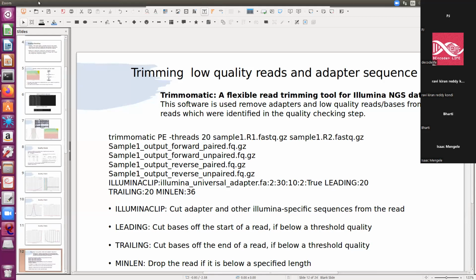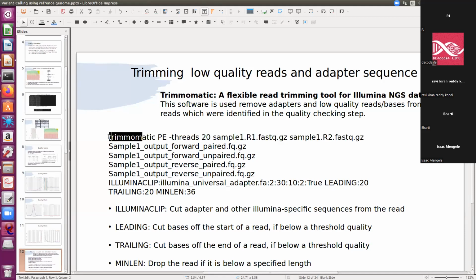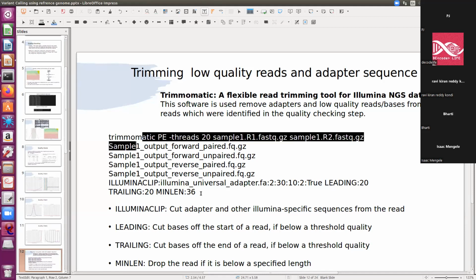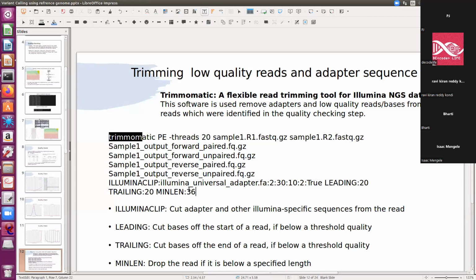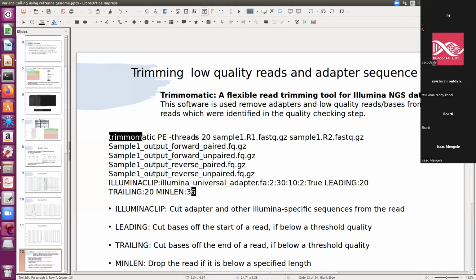See, the command consists of Trimmomatic paired end. The threads I've mentioned is 20 because I have a very robust lab system. If you don't have this many threads, then don't use 20 threads. Then you give the input of sample 1, the raw read whose quality we have checked, and sample 2.